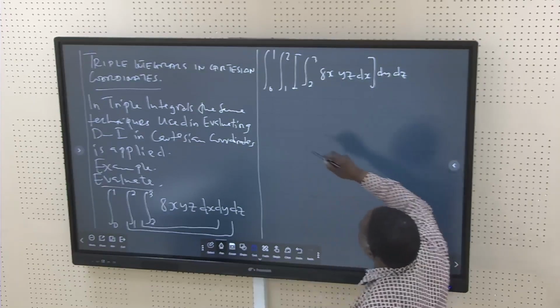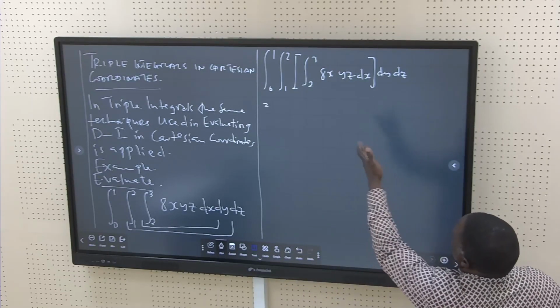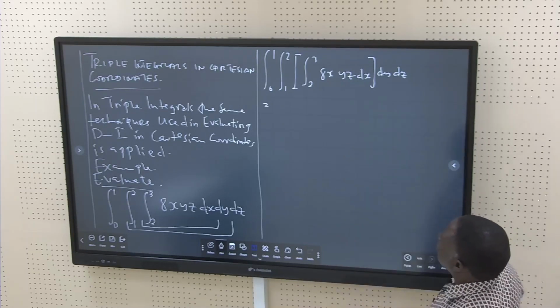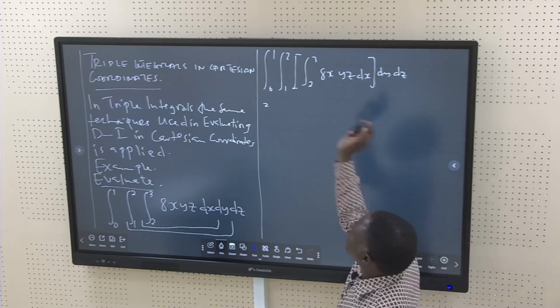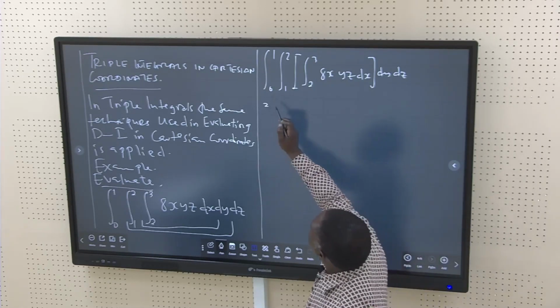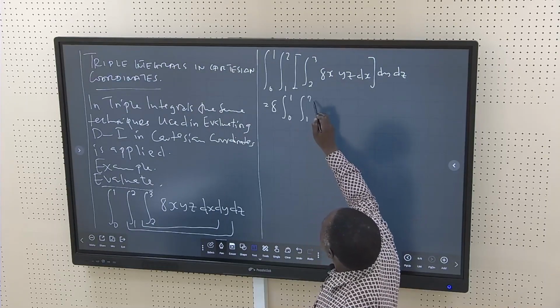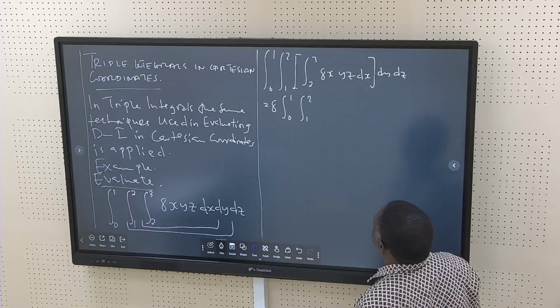So we start with integrating that with respect to x. So y and z are constant, and 8 is constant, so you can factor out 8 outside here because it is a constant.